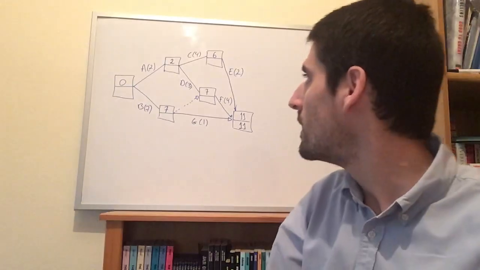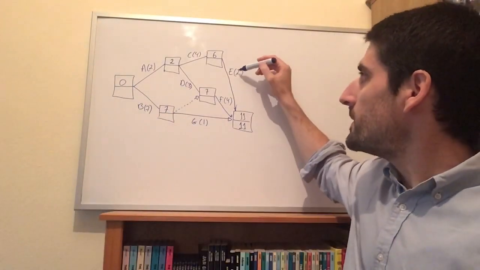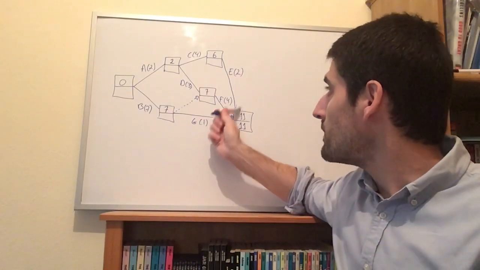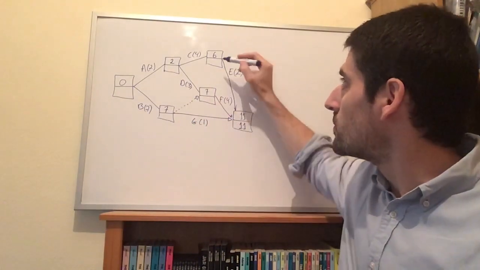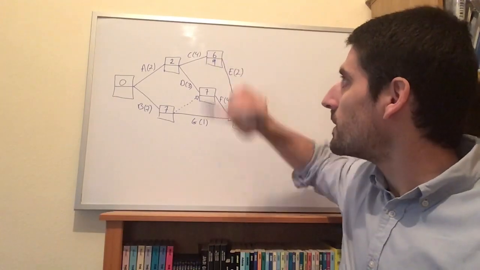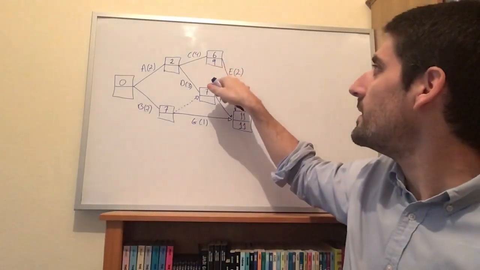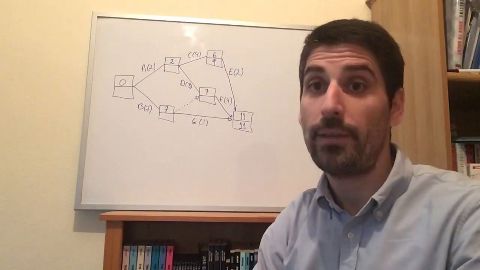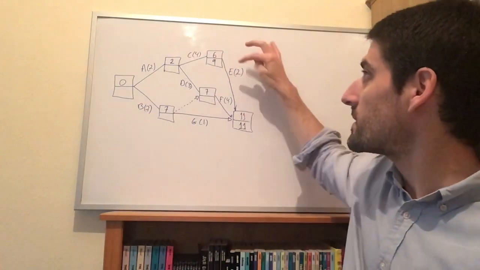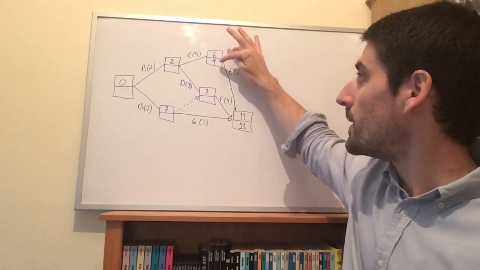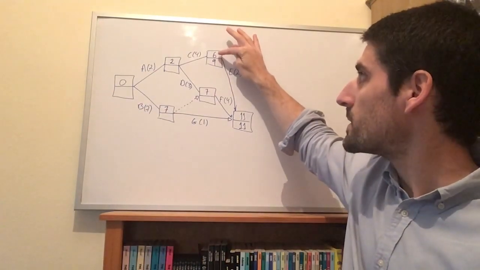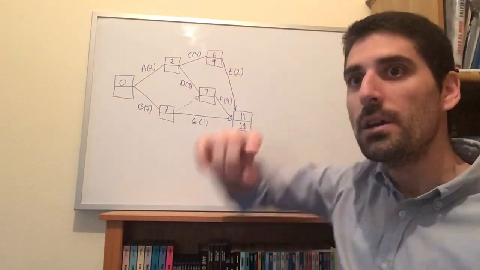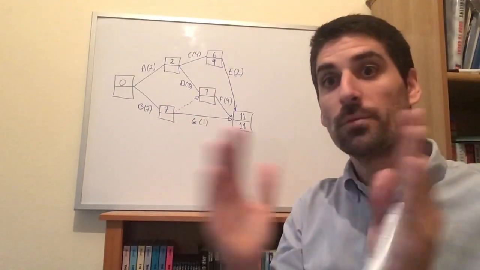Because activity E only takes 2 hours, 11 minus 2 is going to be 9. I could delay activity E until 9 hours into the project, and that wouldn't affect the overall length, because if I started activity E at 6 hours plus 2 would be 8, I still need to wait for the others to be completed, so E has got a bit of leeway.